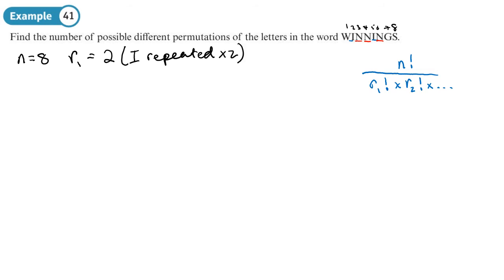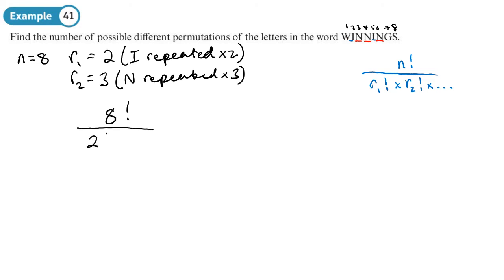And then R2 would be 3, because the N is repeated 3 times. So if I plonk that into my formula, I will have 8 factorial divided by 2 factorial times 3 factorial. So we will work that out.